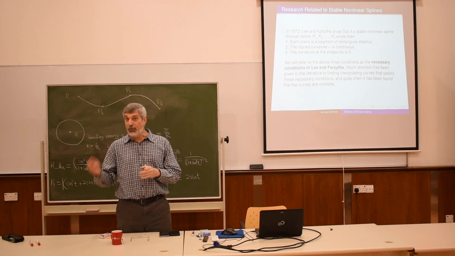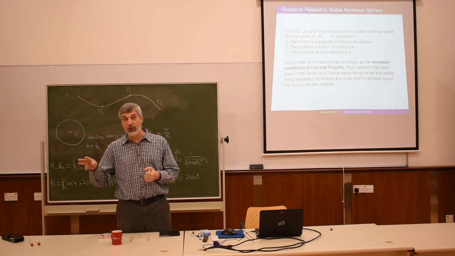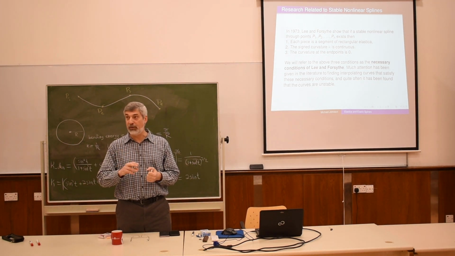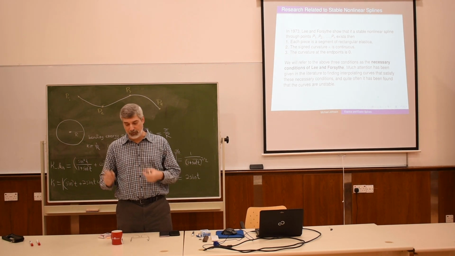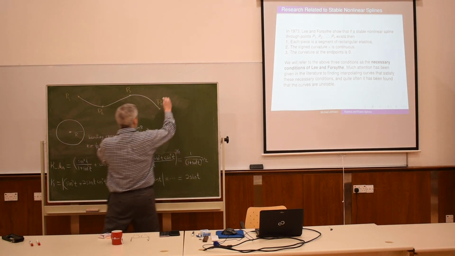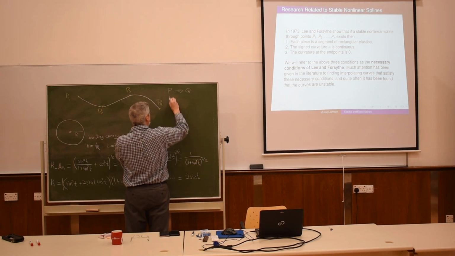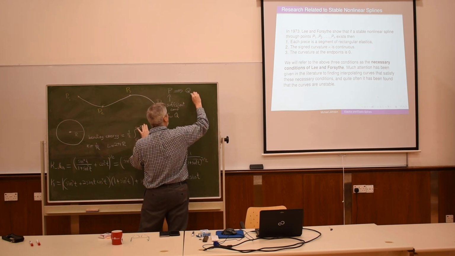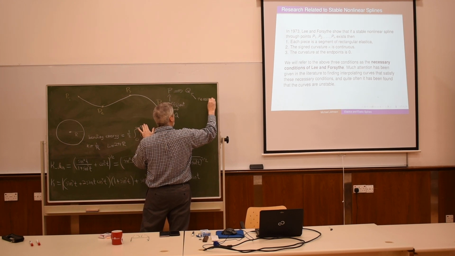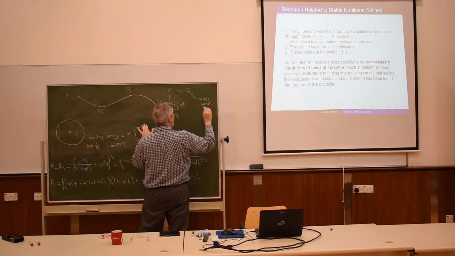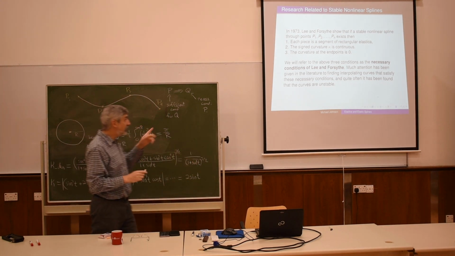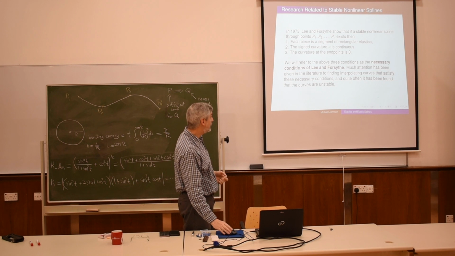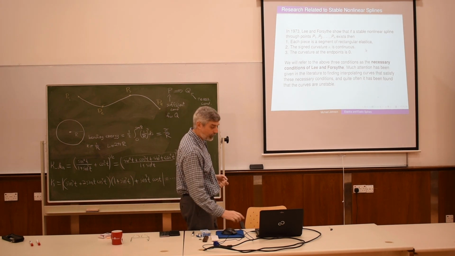if P then Q is true, it means that Q is a necessary condition for P. And P is a sufficient condition for Q. So this is a sufficient condition for Q, and Q is a necessary condition for P. So a necessary condition for a stable nonlinear spline are these three conditions here.